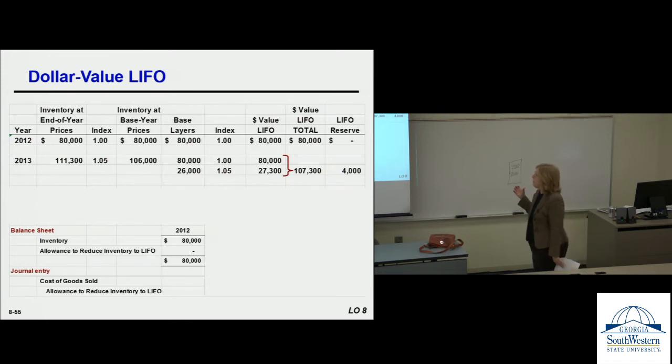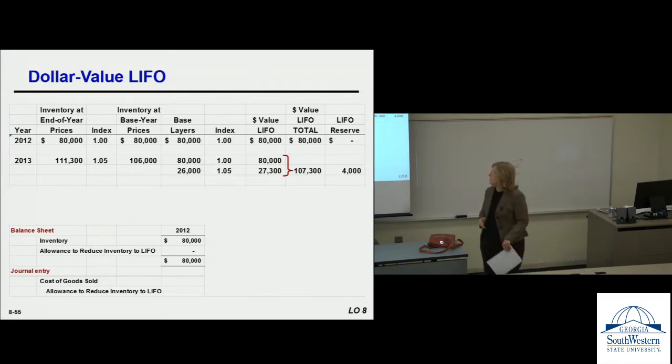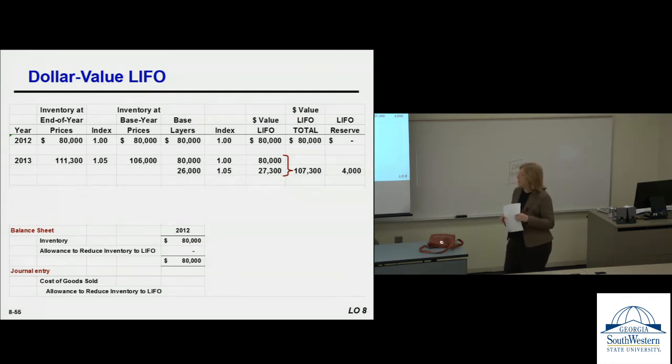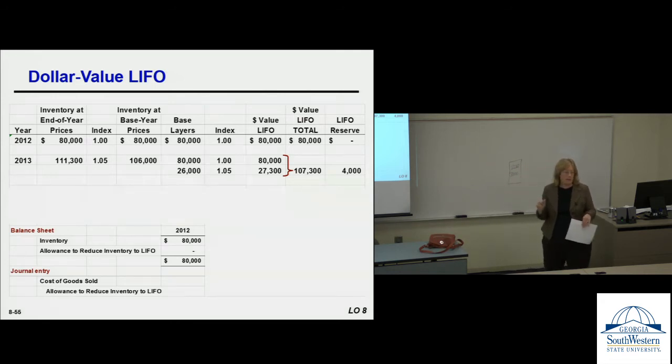So now we can say, how much did we add to our already $80,000 layer, right? So we can divide that 106,000 into 2 pieces of base year price numbers, okay? The 80,000 plus another layer of 26,000. See, that's at our base year prices.